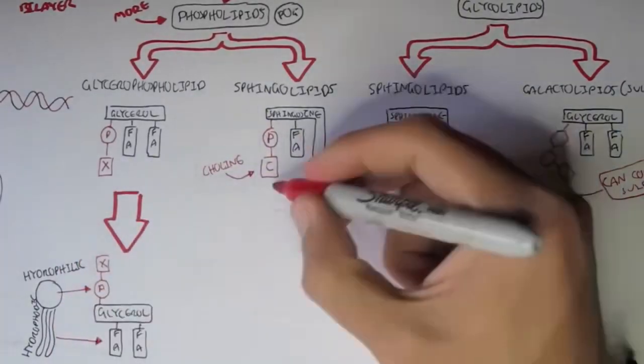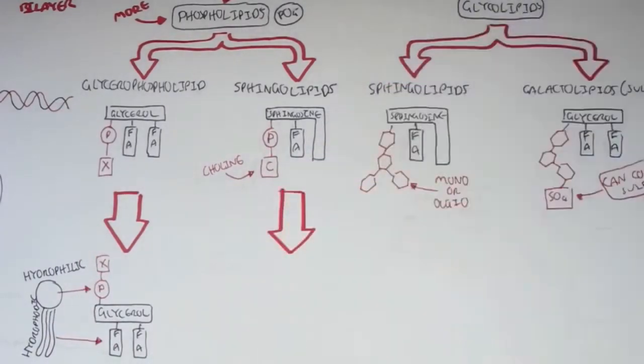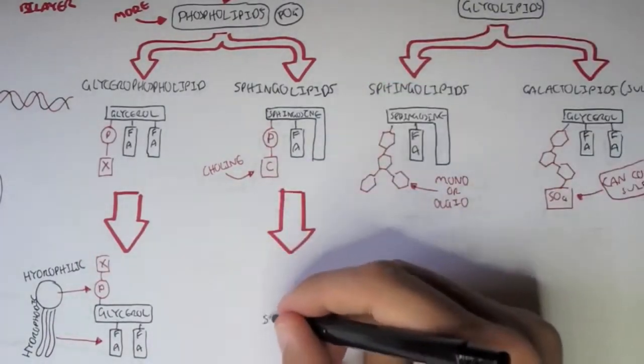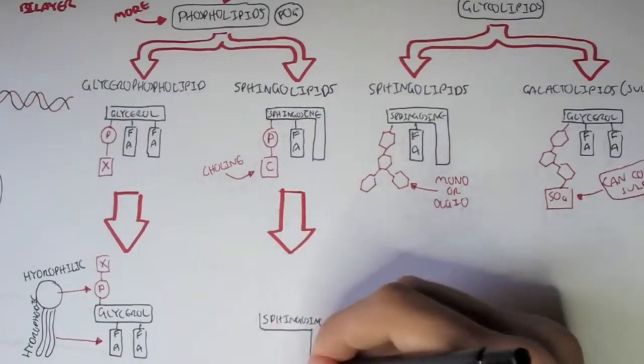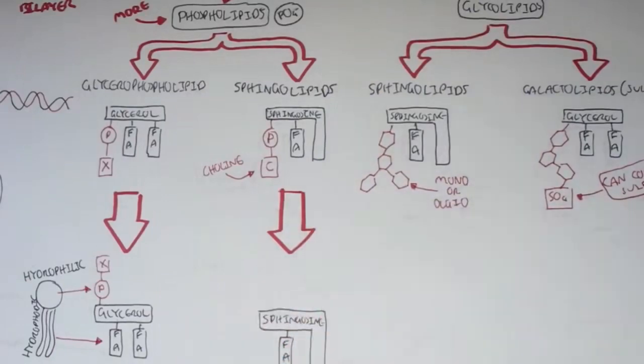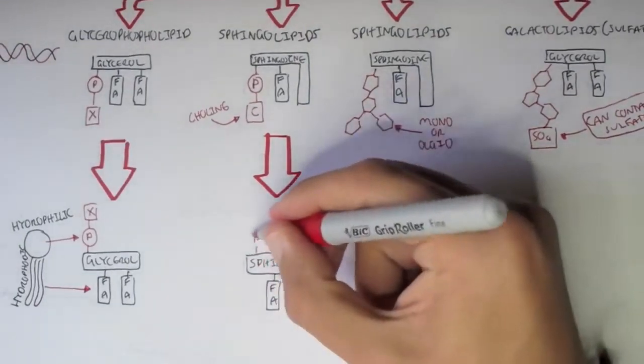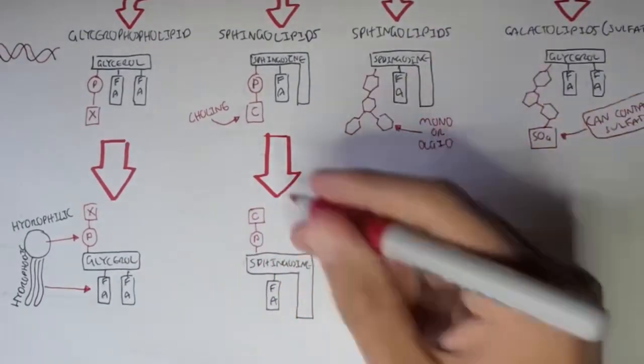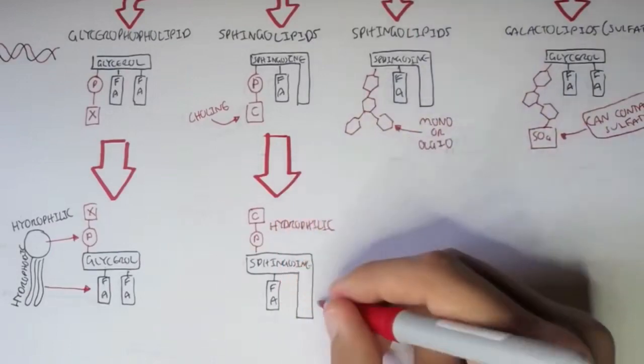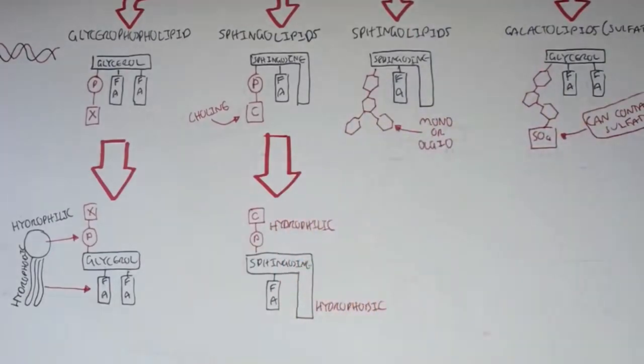So it's similar in structure. Same with the sphingolipids. We have the sphingosine backbone facing down, essentially, with 1 fatty acid tail, and the phosphate with the choline group in this case facing up, facing the water, facing the extracellular fluid or the cytoplasm. So hydrophilic and hydrophobic.